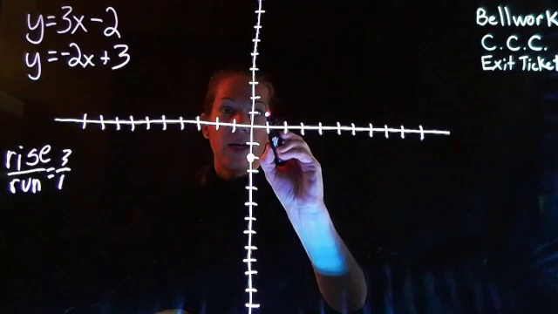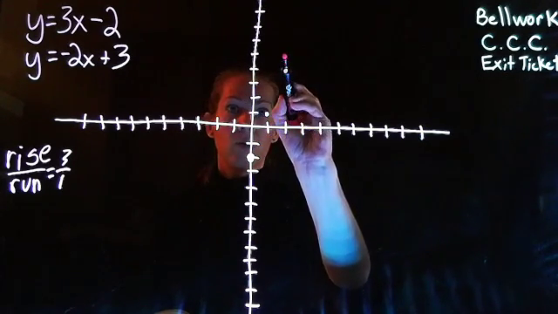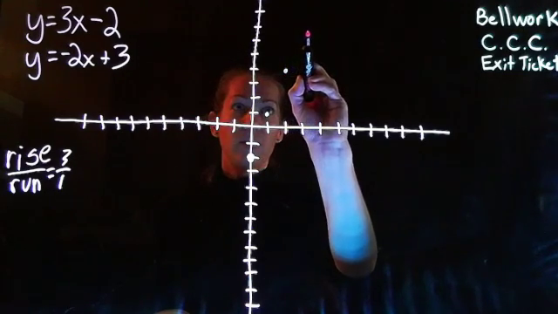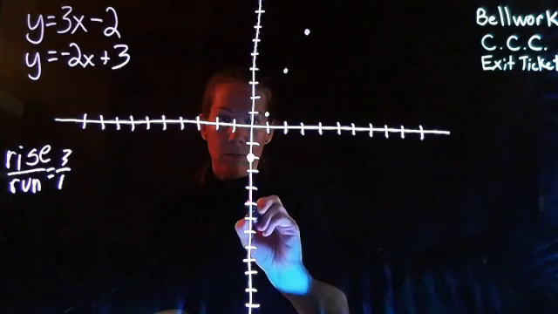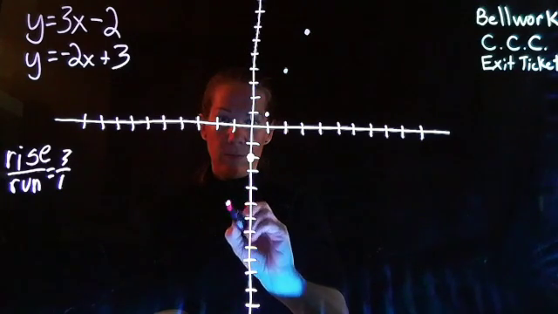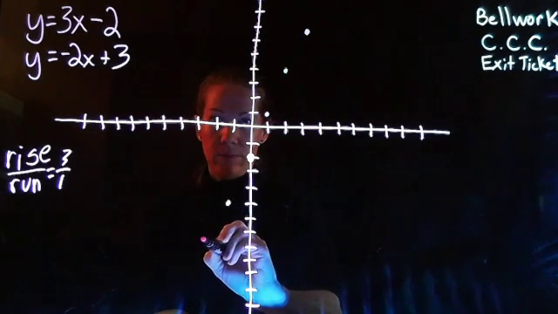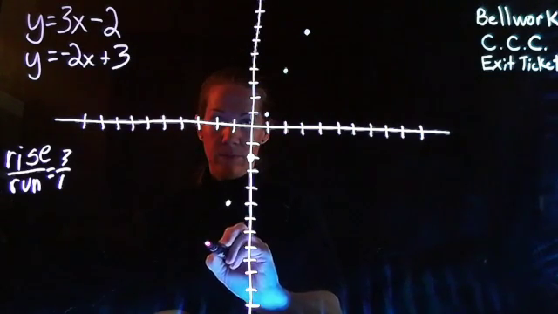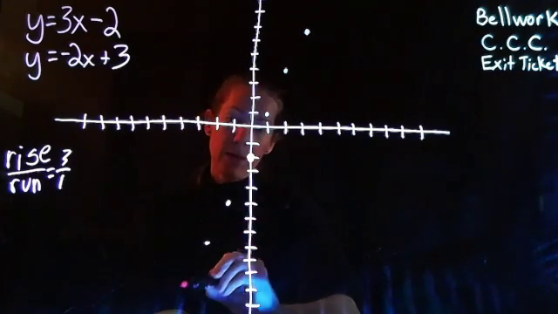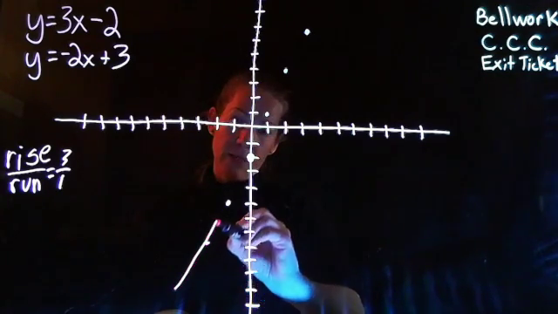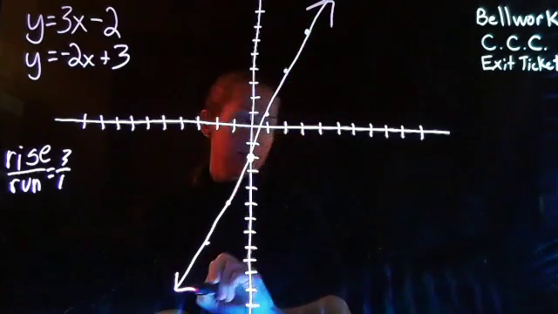Then rise 3, run 1 again. I'm going to do my best to draw a line through those points.